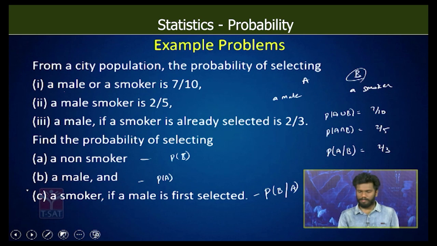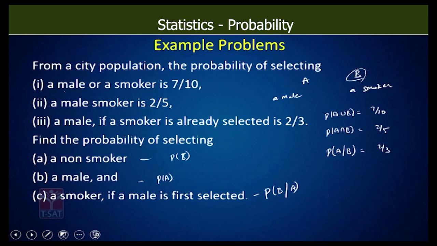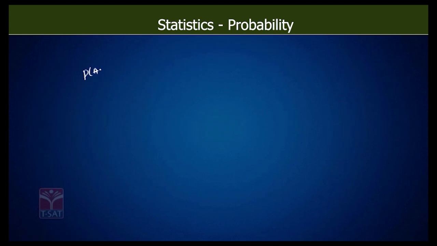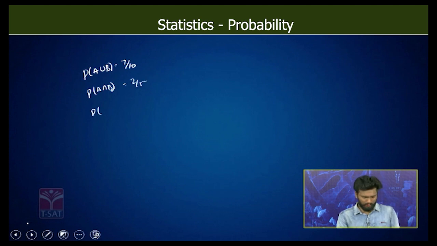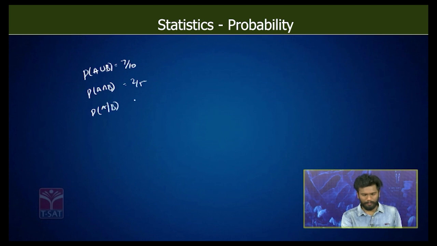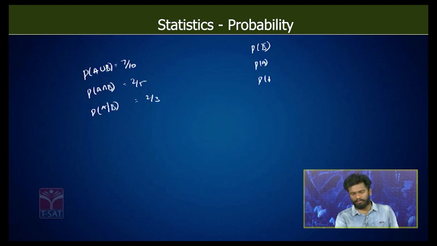Now let us see how to do this. What are the given terms? Just write in brief. A union B is 7/10. Probability of A intersection B is 2/5. Probability of A given B is 2/3. So what do we have to find out? We have to find probability of B complement, probability of A, and probability of B given A. We have to find out these three.